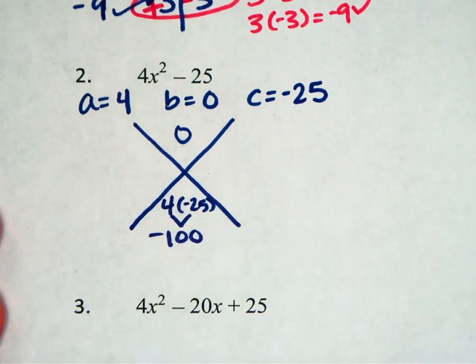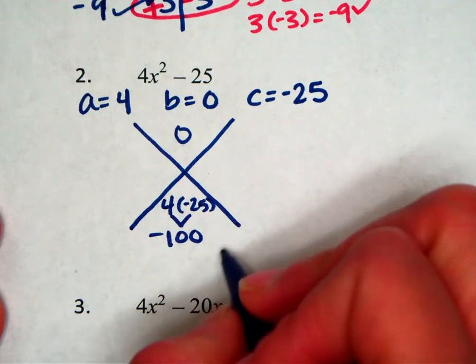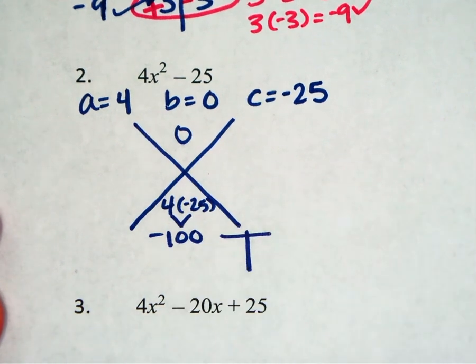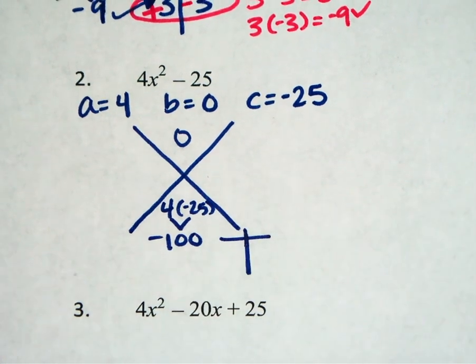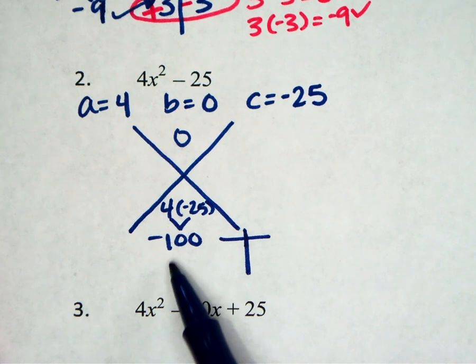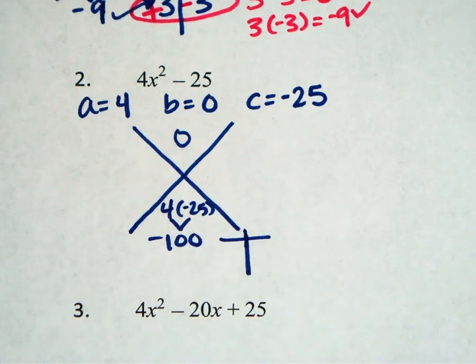So if I make my table for -100, I want to come up with two numbers that will multiply to get me -100, but also add up to 0. So you don't want to go through the process of 1 times 100, 2 times 50. No, you want to think what two numbers would multiply to get you 100, but add them together and get 0.